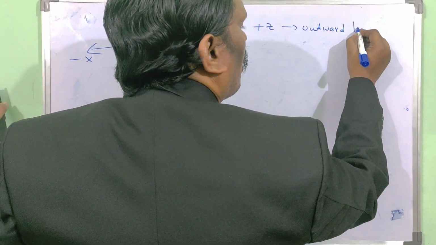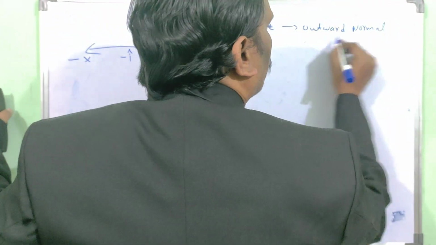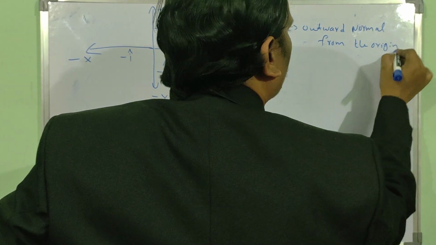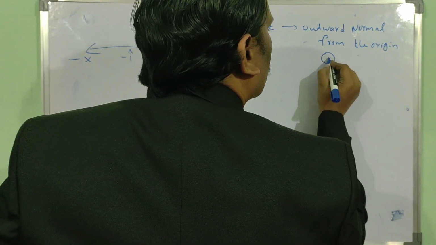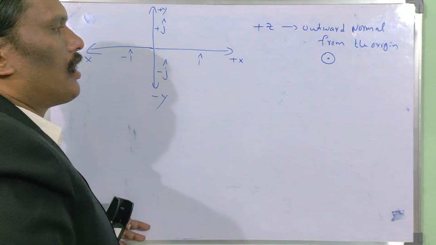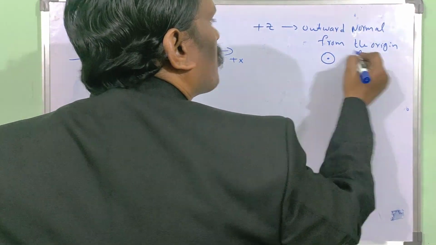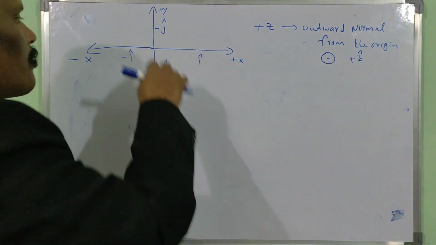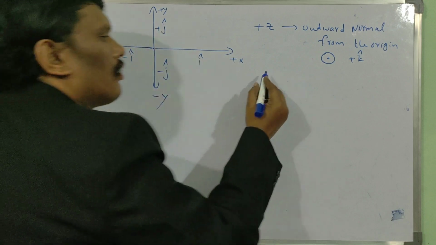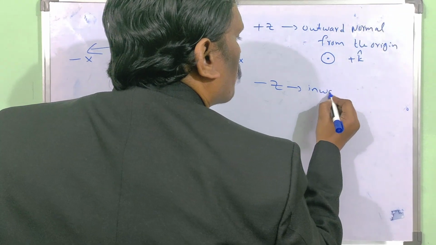This is represented with a symbol like this. If I mention it like this, what is the meaning? Outward normal. So in this direction, what is the unit vector? Plus k cap. Why? Because it is the positive z-axis. And from the origin, the inward normal, we call the minus z-axis. That is what? Inward normal.